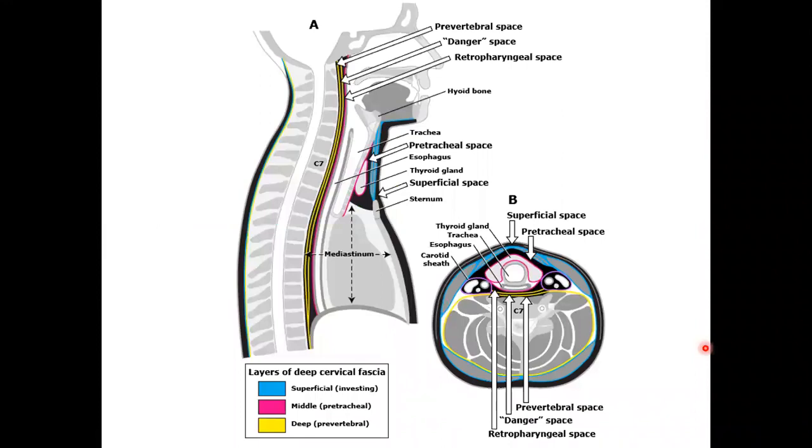Okay. So again, we can see these different fascial layers. And now we get to talk about that danger space, because you can see better in this picture, in this sagittal cut, how if you had an infection up here in your throat, it could travel down via this danger space to get into your mediastinum and cause you to have an infection in your chest.